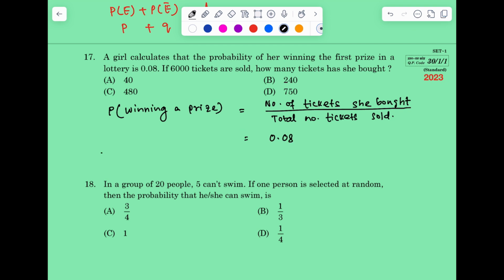It is given as 0.08. This implies the number of tickets she bought, let it be x, divided by 6000 is equal to 0.08. This implies x is equal to 480. That means 480 tickets.